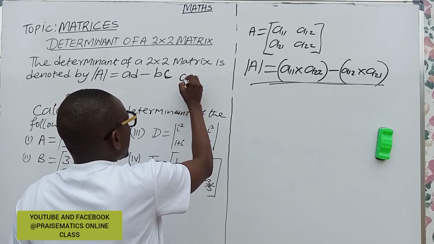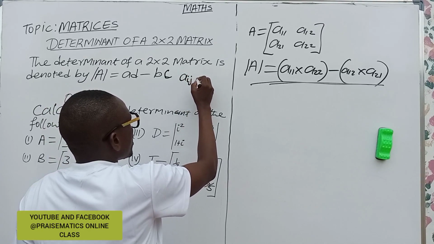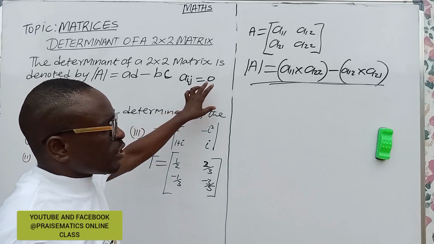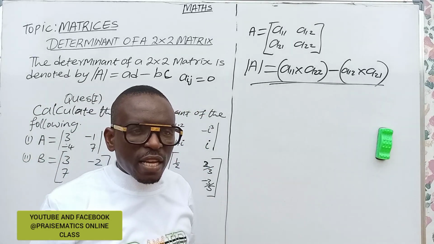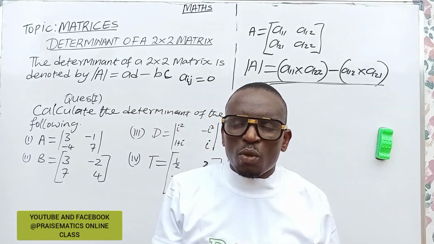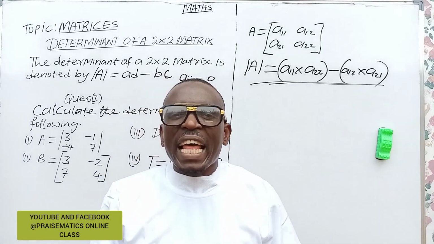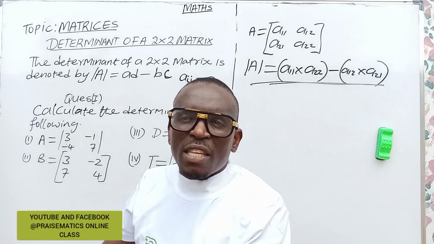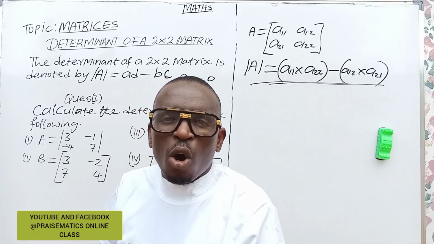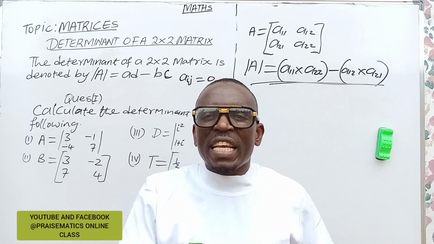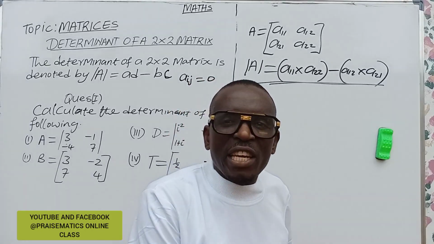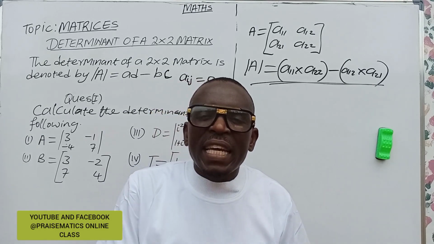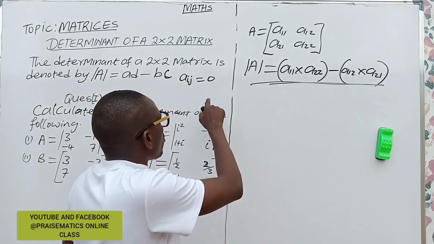Always remember that this aij is equal to 0. Aij is near to 0, meaning that in everything in this life, whatever wealth, whatever thing you acquire in this life, at the end it must be near to 0. Whether you belong to the class of poverty or the class of people that have wealth, whether you make it in life or you do not make it, whether you are educated or not, whether you are good or bad, at the end everything is near to 0.